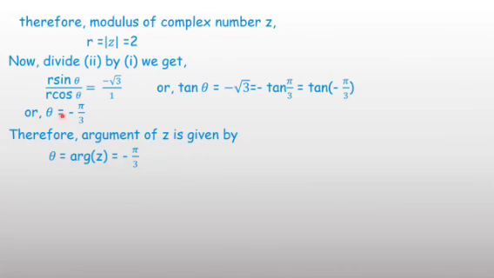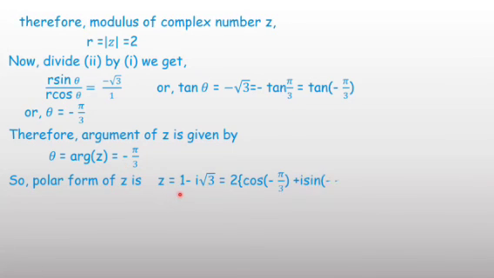In this process you are getting the value of r equal to 2 and theta equal to minus pi by 3. Therefore we can write the complex number in polar form as z equal to 1 minus i root 3 equal to 2 cos minus pi by 3 plus i sin minus pi by 3.